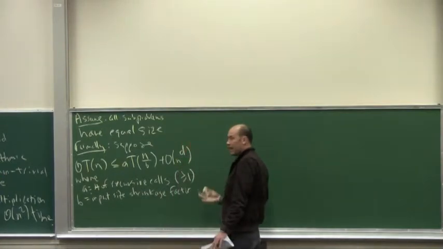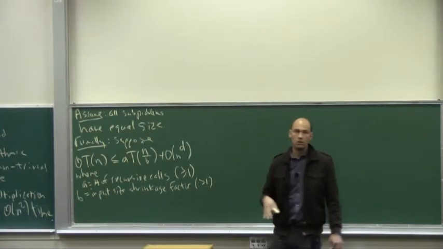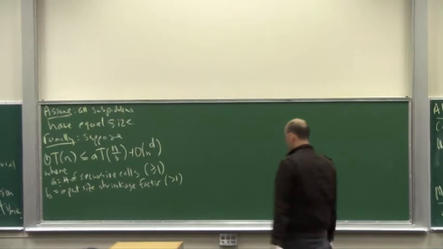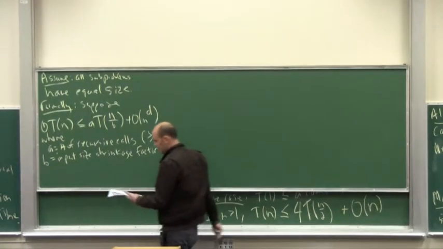And if you want the algorithm to terminate, this better be bigger than 1. Okay, you better be passing to your recursive subcall something smaller than what you started with. So that's something strictly larger than 1. Again, we've seen 2 in the examples.